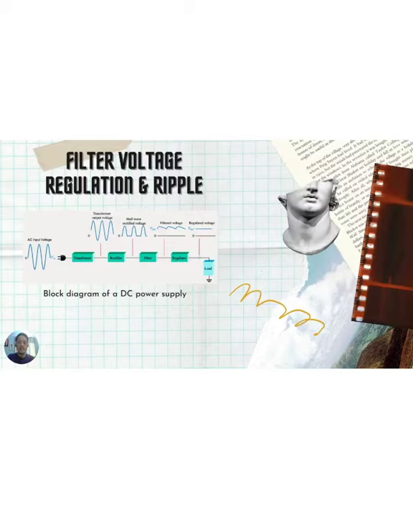In addition, voltage regulation in power supplies is usually done with integrated circuit voltage regulators. A rectifier circuit is also needed to change a signal having zero average value into one that has non-zero average.